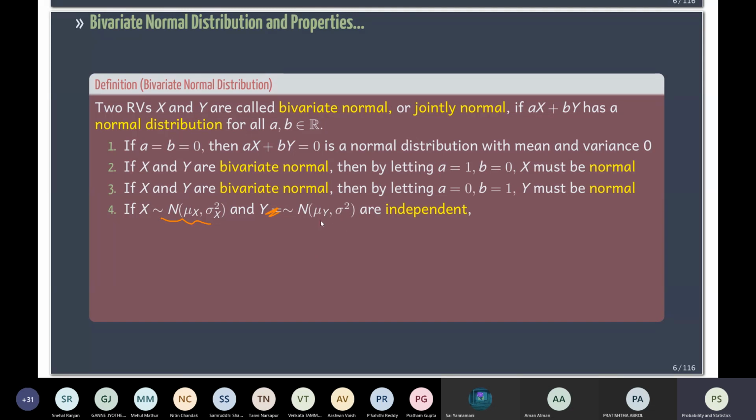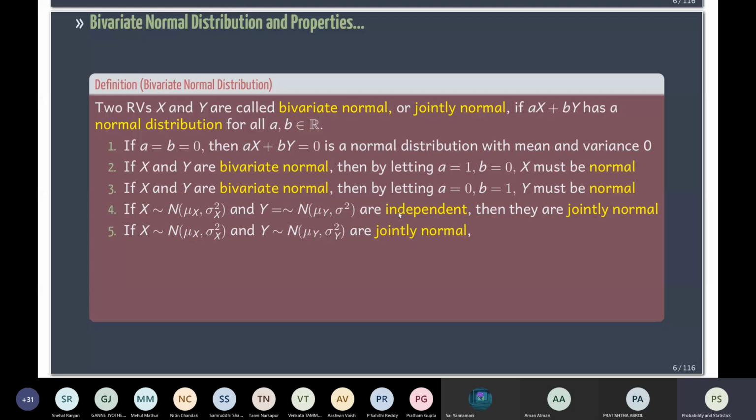So normal distribution with mu y and sigma y squared, and they are independent, then they are jointly normal. Okay, so if x follows the normal distribution, y follows the normal distribution, and moreover they are independent, then they will be jointly normal.